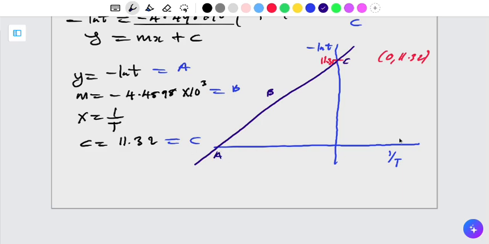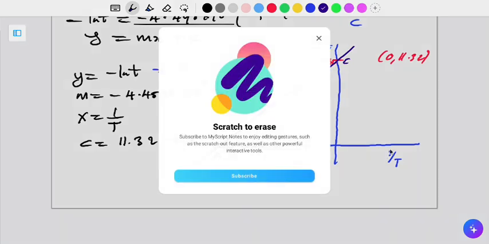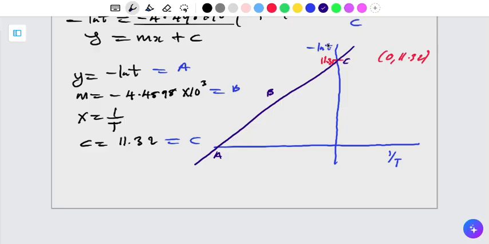This is the x-axis, isn't it? And in the x-axis we have 1 over 10. So the value of A is going to be here, because we want to say that in the x-axis we have 1 over 10. So A, then the gradient here is B, then the y-intercept is C. So this is how you're supposed to draw that one.